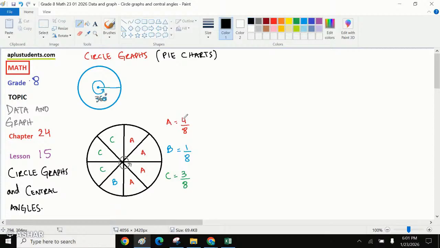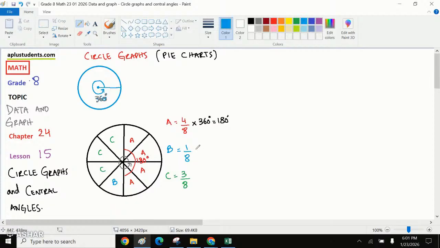So we can say 4 upon 8 of 360, right? When we say 4 upon 8 of 360, that 4 upon 8 is basically half. That means this would be 180 degree angle. So we can say A has a 180 degree angle.